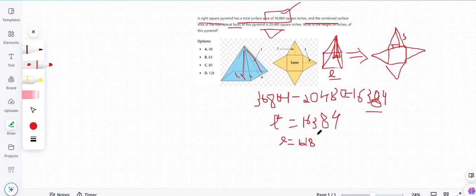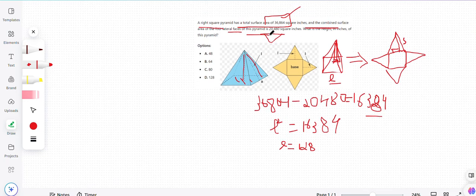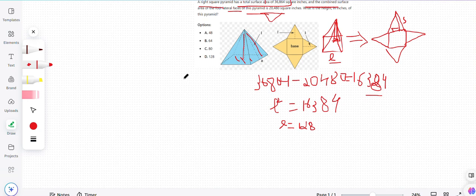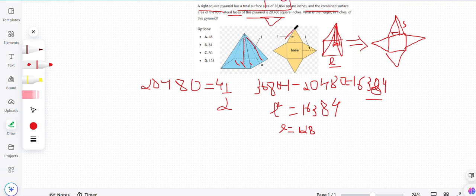Now in the question we have the total lateral surface area, which means the total area of four triangles. So 20480 equals 4 times the area of a triangle, which means 4 times half. Now you can see this triangle. The height of the triangle in this case is the slanted height, which I have considered as S. So the height is S, we don't know the height.